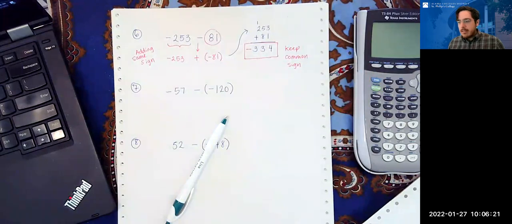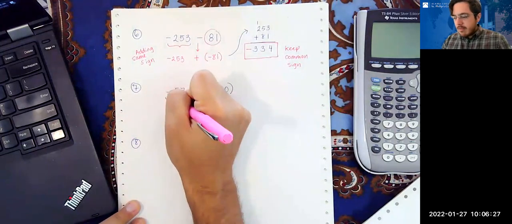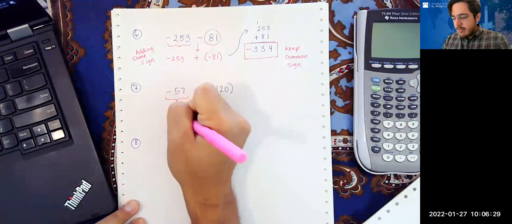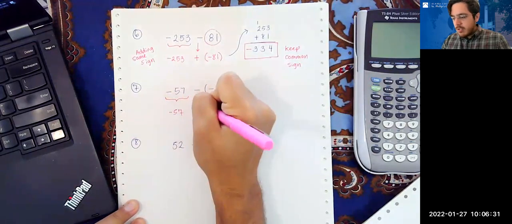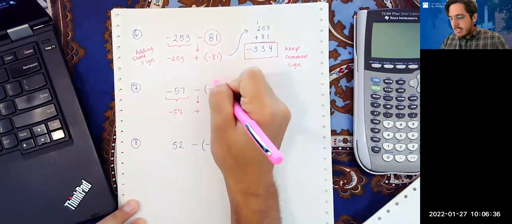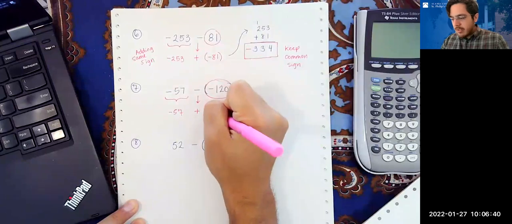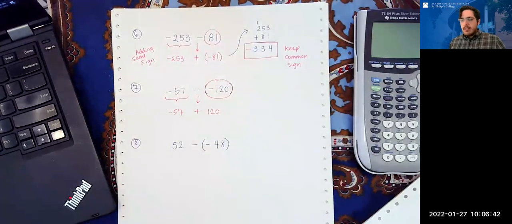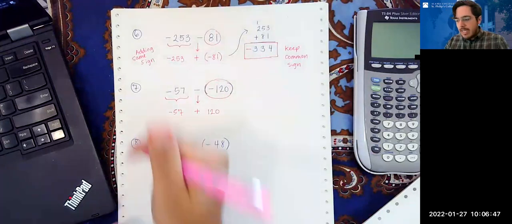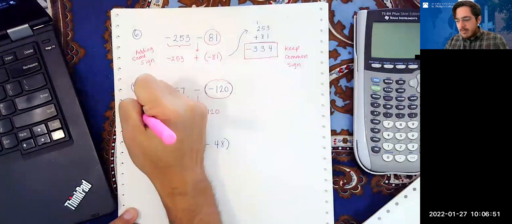Okay. Let's take a look at the next one. Going to continue with keep, change, change, right? I have negative 57. We'll switch to addition, and we'll change this to its opposite, which is positive 120. But now, different scenario, right? We're adding with different signs.